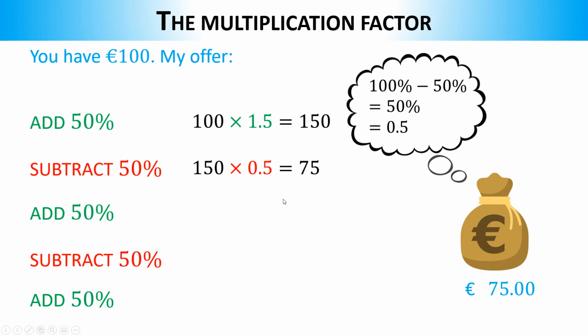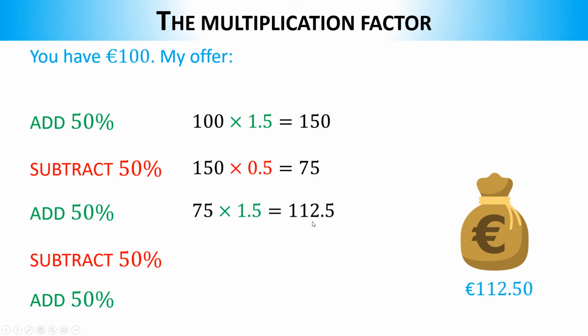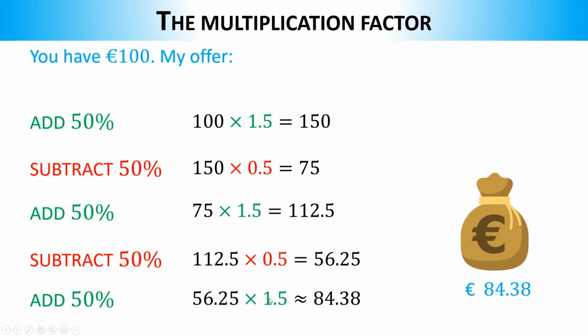And so on. The next change gives 75 times 1.5 is 112.5. Then we multiply that by 0.5, and then finally we multiply the result by 1.5. And we see that the final result is just under 84 euros and 40 cents. So you lose money on this deal, and you shouldn't take it.